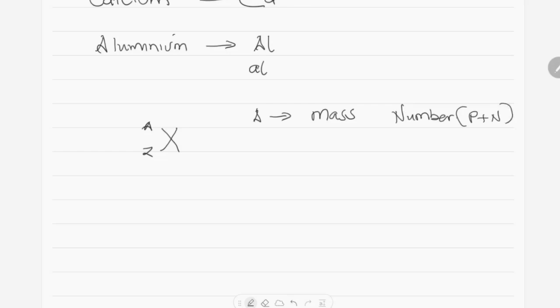You can only get this number when you add the number of protons contained in that atom, as well as the number of neutrons.